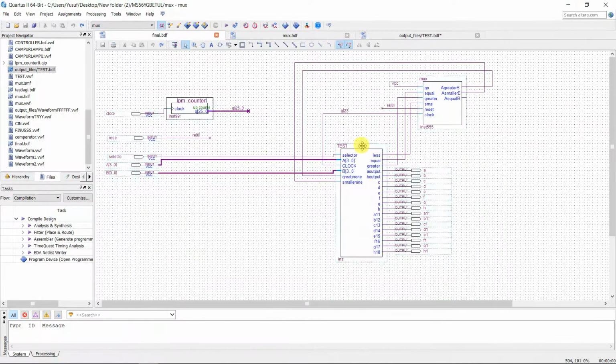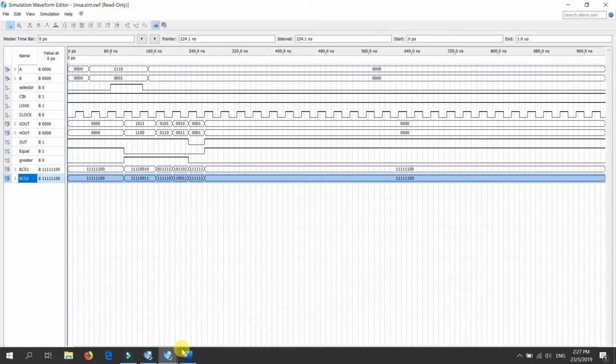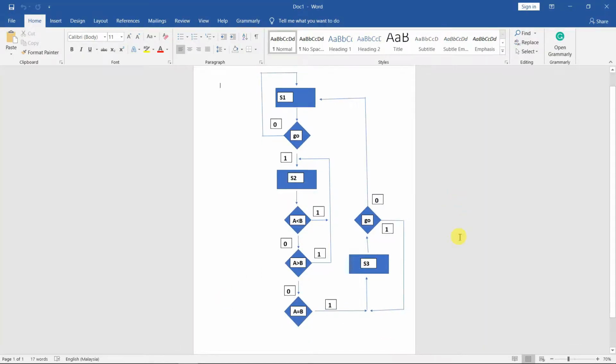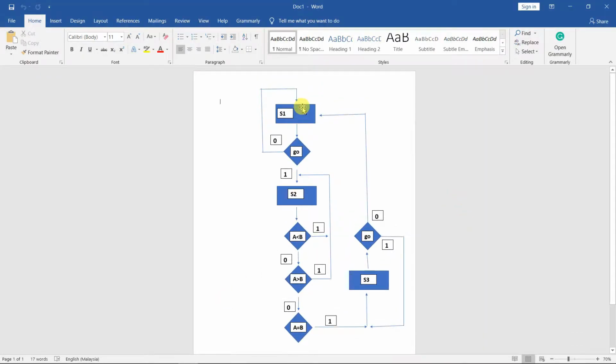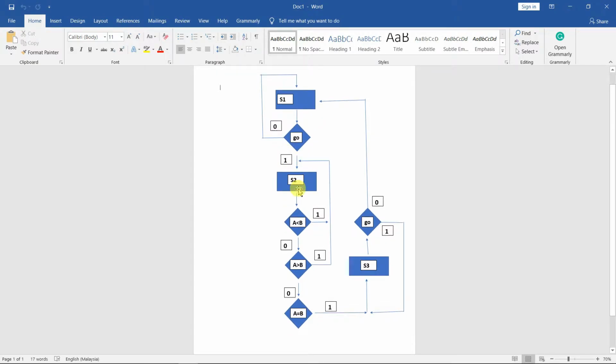So that's for the data path, and we have also made an ASM chart, like this one. This one is state 1, where here are all the inputs, not outputs, all the inputs. When go detects 1, like when go is high, it goes to the next state.